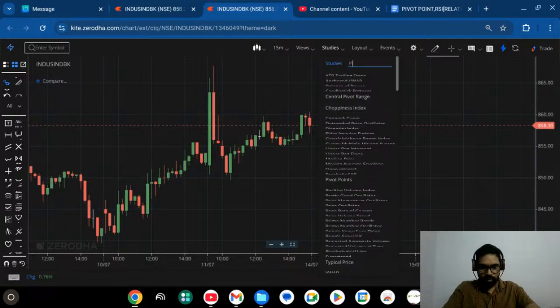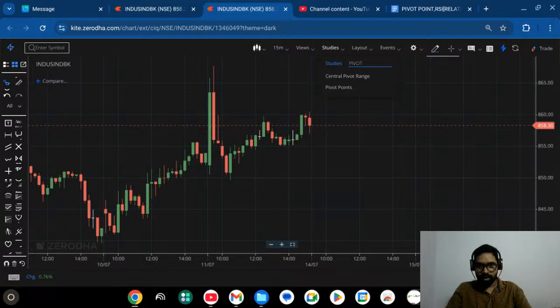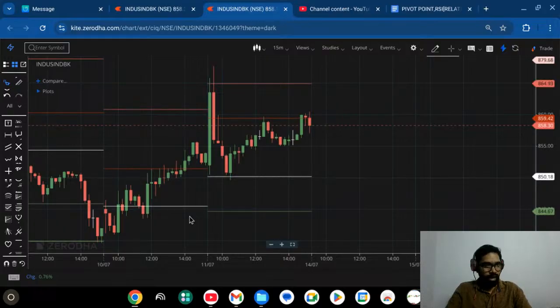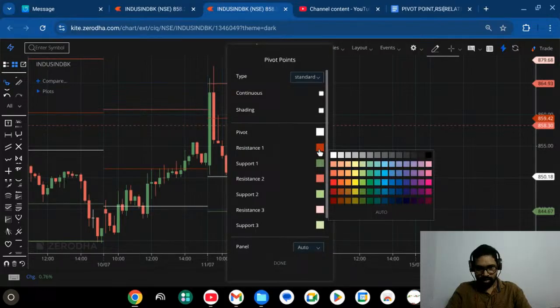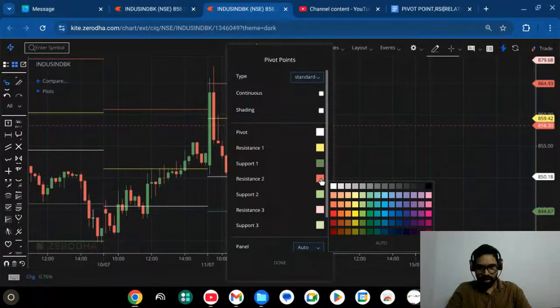If I use the pivot point here, you will get some pivot points like that. Just click on that. And for better understanding, I'm making the resistance in yellow color, so it will highlight clearly.